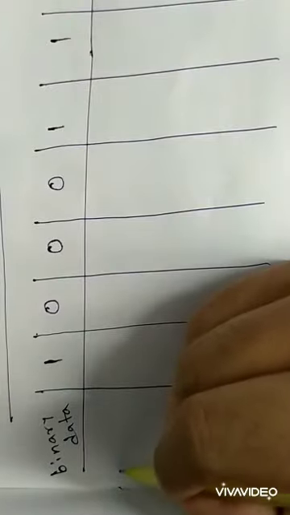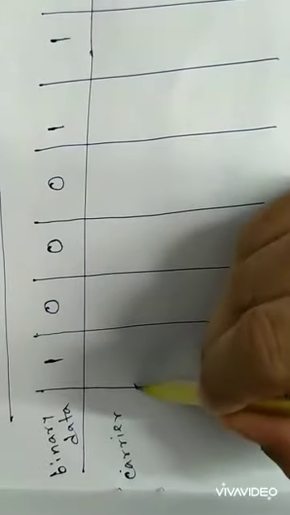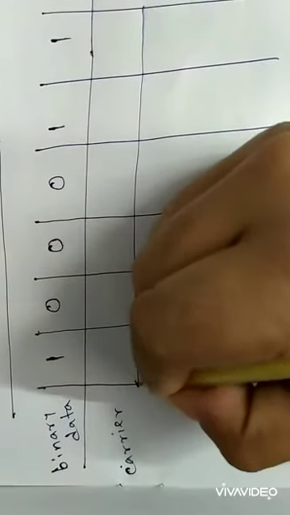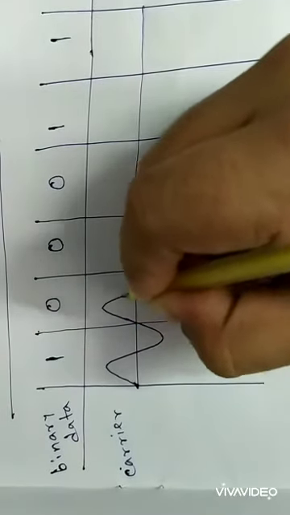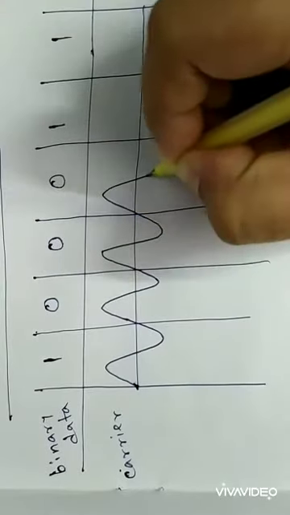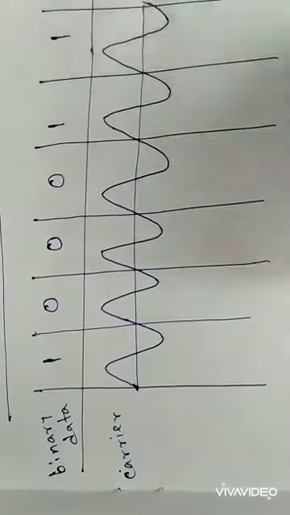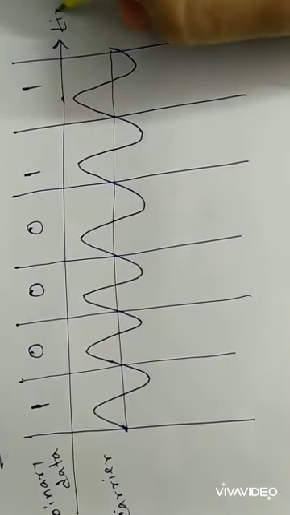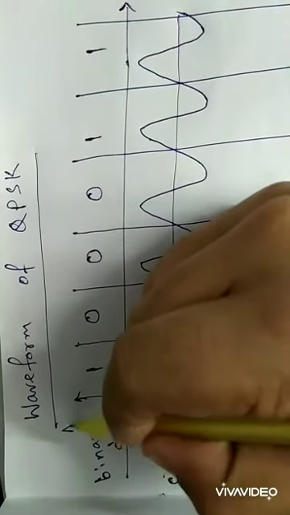And suppose the carrier signal is a sinusoidal signal, like this. Here you plot time, and on the y-axis you plot the amplitude.